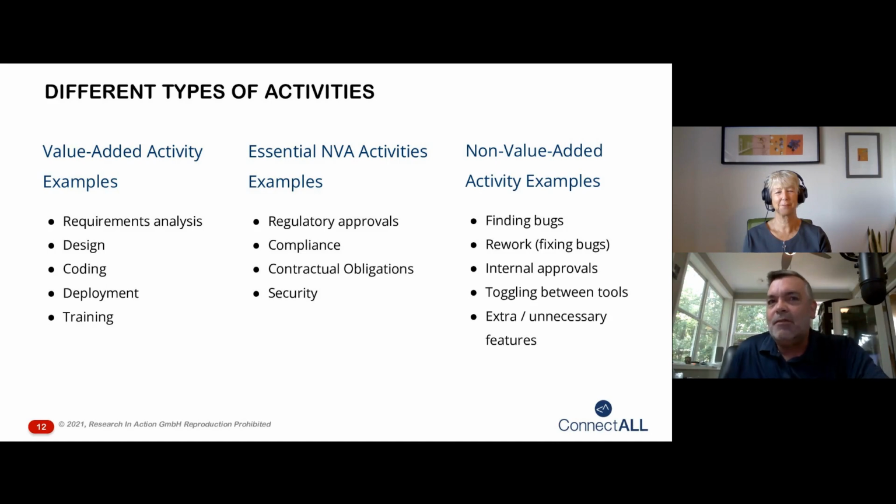You don't even need a value stream map to look at this. I've recommended possibly using something called a SIPOC, and you can look it up. That's supplier, input, process, output, customer, to look at the processes within your value stream and determine which of the things you're doing are non-value added.